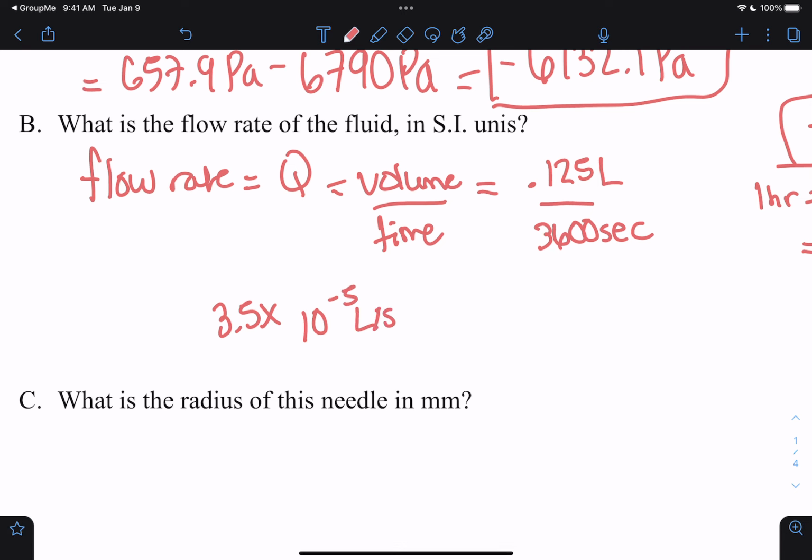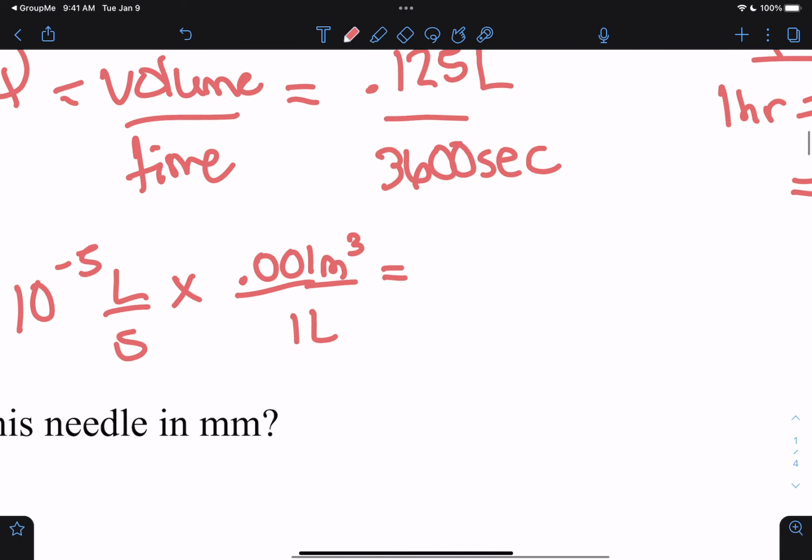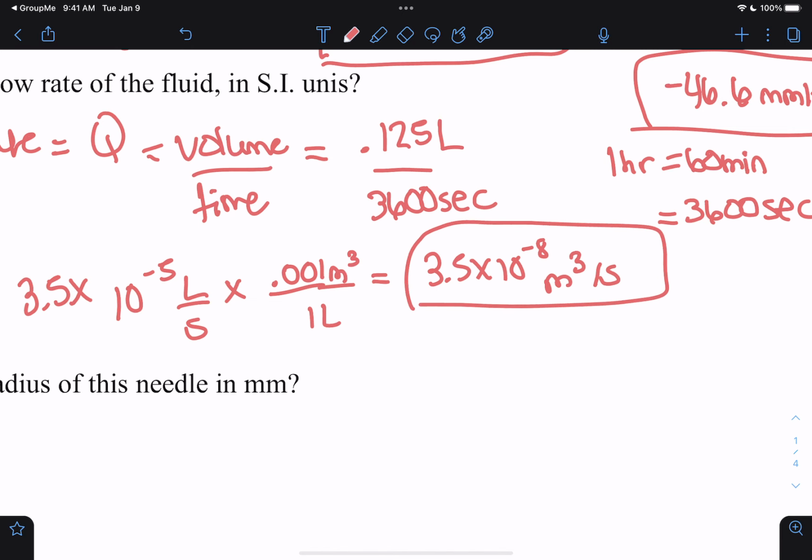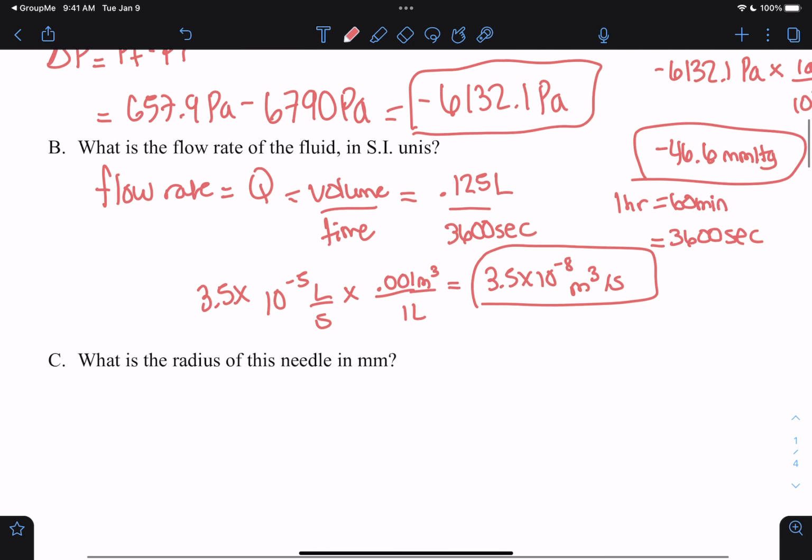I want to keep the seconds the same, but I can use this conversion rate: 0.001 meter cubed is equal to 1 liter. So if I multiply by 0.001, I get 3.5 times 10 to the negative 8 meters cubed per second as my flow rate in SI units.